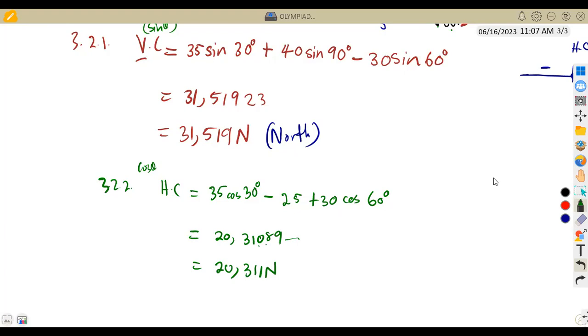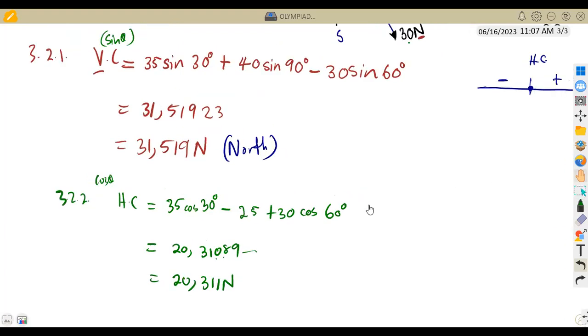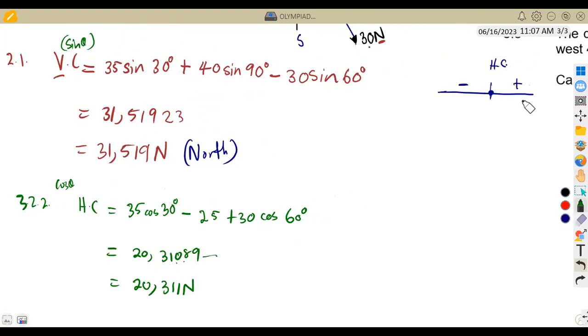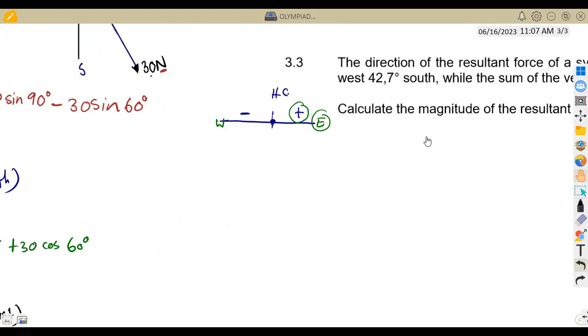And also for the horizontal component, if it is to the right, as we know, this is east and this is west. So if it's a positive, it's east, and negative, it's west. This one is a positive value, meaning to say we are going to the east. All right, so that is what is important in your simplification: the direction has to be presented.